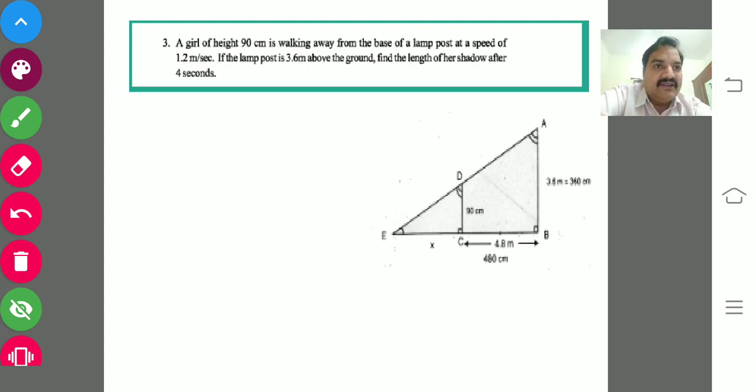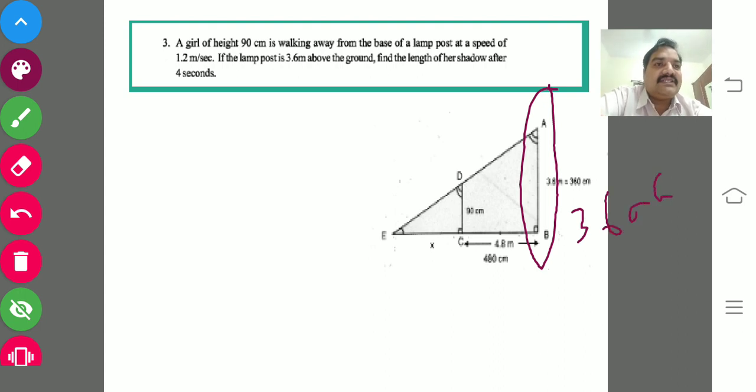The height of the girl is 90 centimeters, which means 0.9 meters, and the height of the post is 3.6 meters, which means 360 centimeters. The girl has started from B to C.